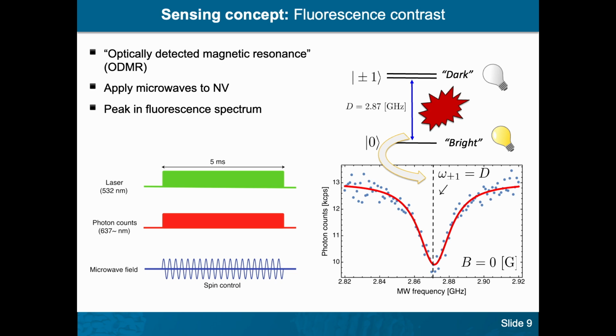This is called an optically detected magnetic resonance, an ODMR spectrum of this NV center, and it's very easy to see. And this all works because this is a 3-level system, and there is this intrinsic zero field splitting in the lattice for free, which is very convenient. So even without a magnetic field, you have a very clear microwave transition.